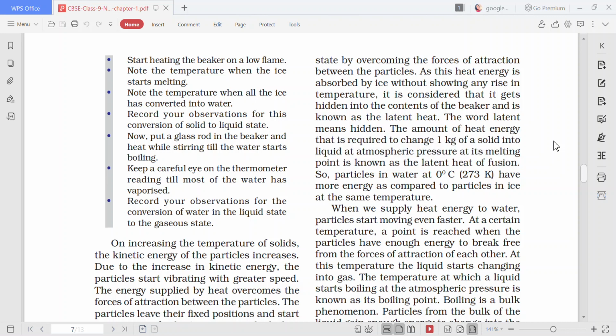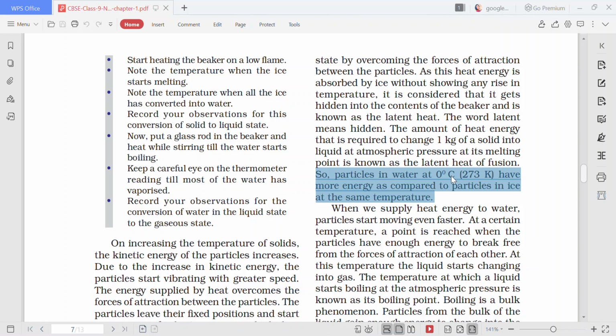Okay. Children, particles in water at 0 degree centigrade have more energy as compared to particles in ice at the same temperature. Now this point is very important, and I have also explained it to you in the first video when I gave you the example of student A and B, that both the students were having water, one was having ice in the bottle which was 0 degree, and student B was having chilled water which was again 0 degree.